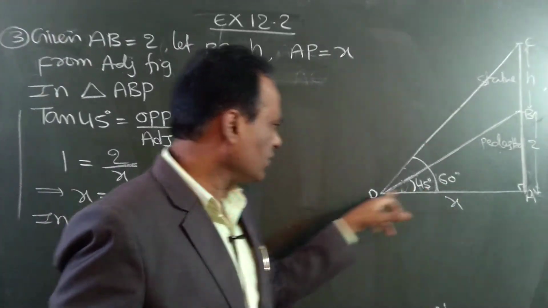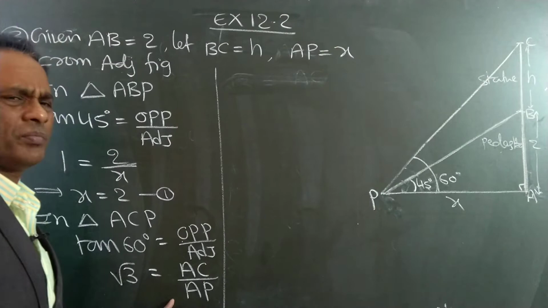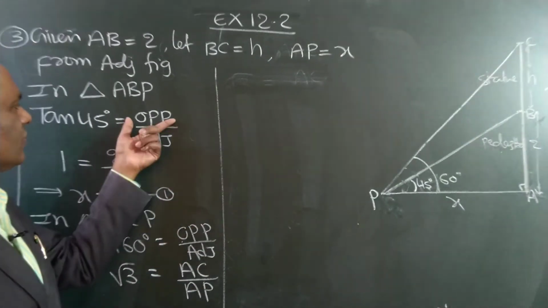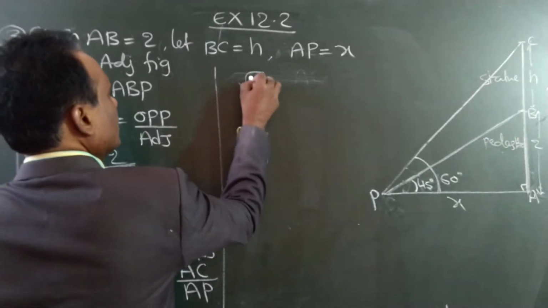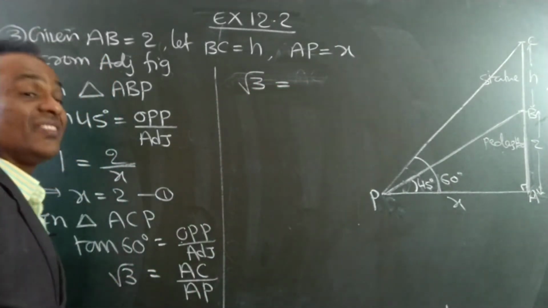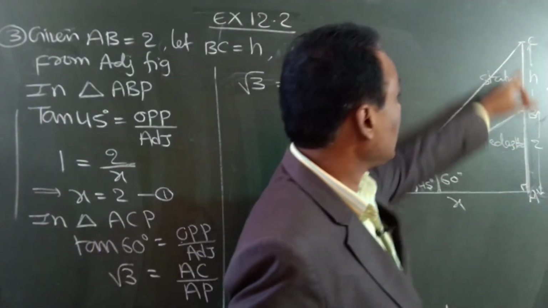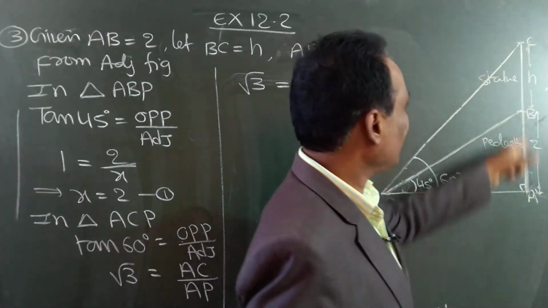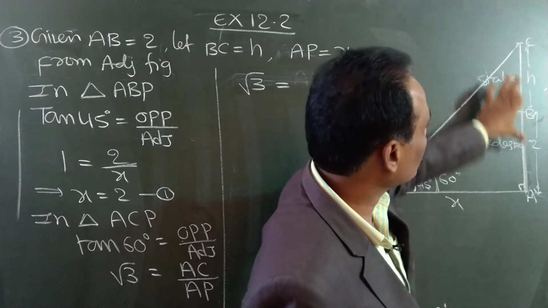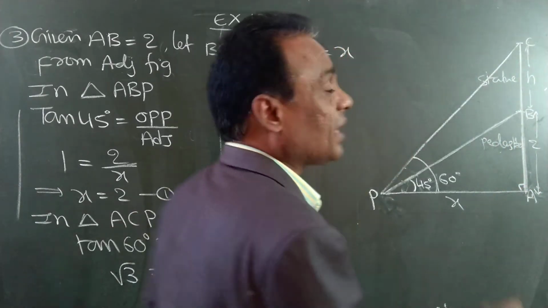I wrote one extra step. Actually, directly I can substitute here like this, but here I wrote one extra step. Root 3 is equal to, what is AC? What is the opposite AC? 2 plus H. AC is equal to, this is 2, this is H. Total is 2 plus H.